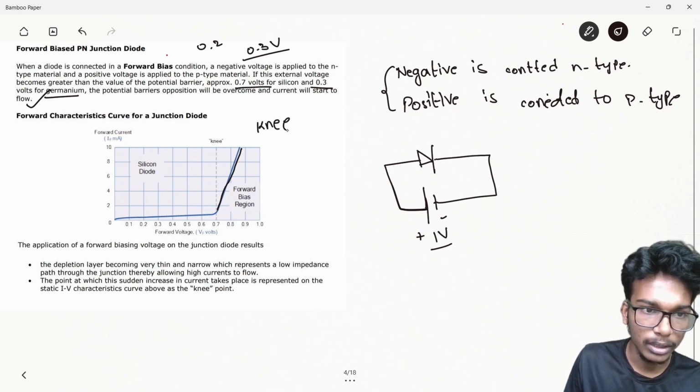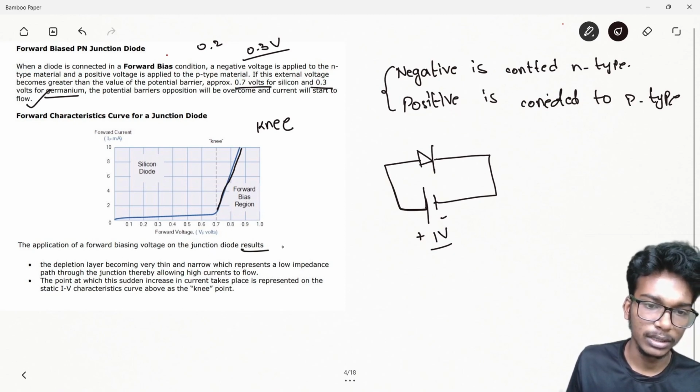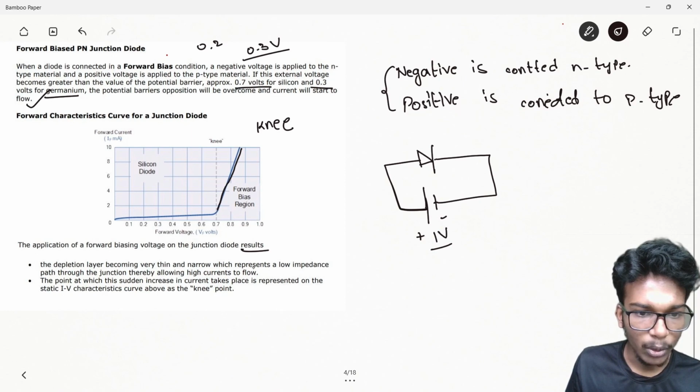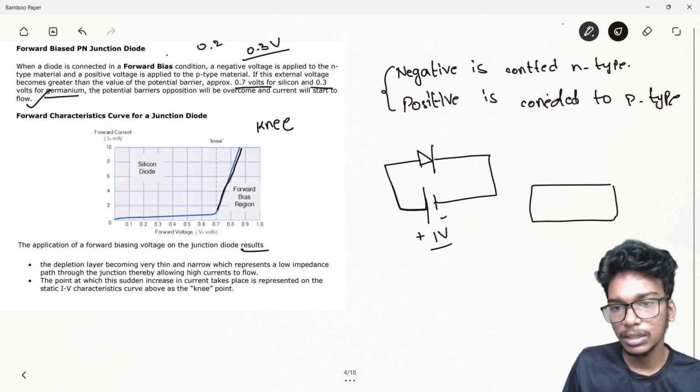The application of a forward biasing voltage on a junction diode results in the depletion layer becoming very thin and narrow, which represents a low impedance path through the junction, thereby allowing high current to flow. I discussed it: in a PN junction diode, consider this is a depletion layer.